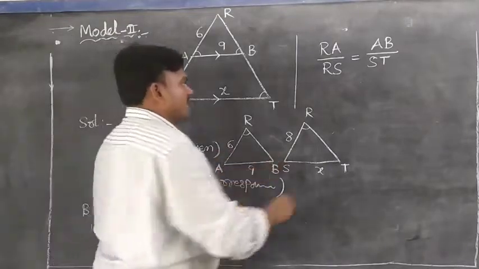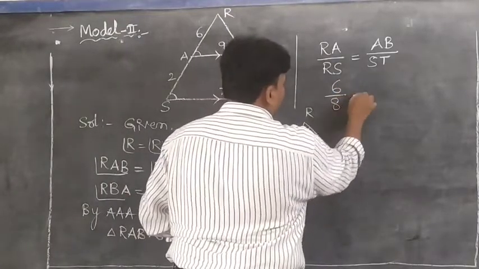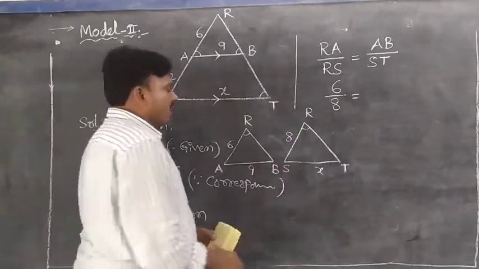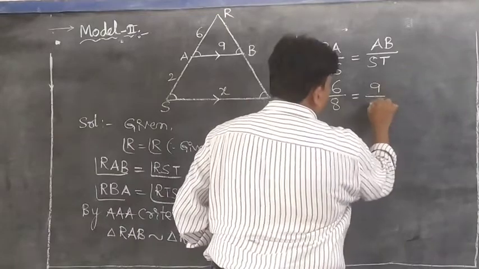RS value 8. 6 by 8 equal to AB value, nothing but 9, and ST nothing but X, that is 9 by X.